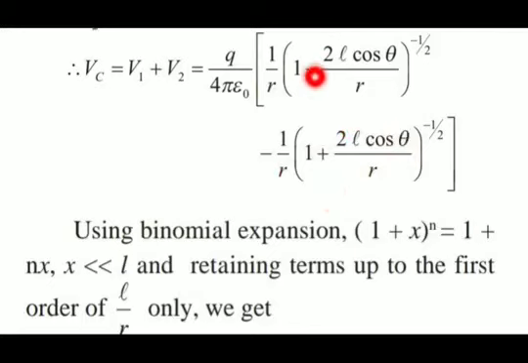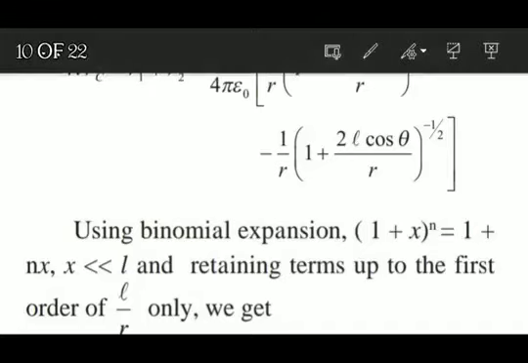So 1 is at one place. At r1 we have minus, and at r2 we have plus. So we have to expand according to this, that is 1 plus nx, so we can expand this.